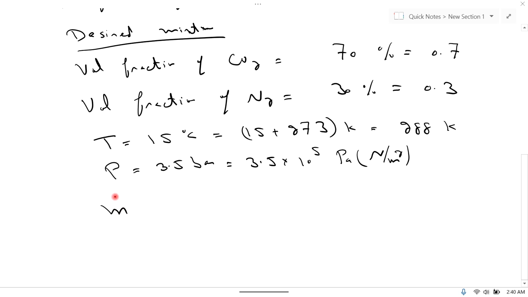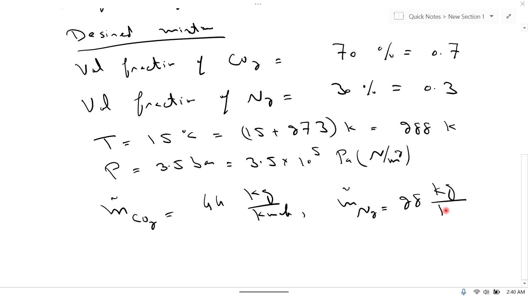Similarly, molar mass of CO2 is equal to 44 kilogram per kilomole. This is a constant value. And molar mass of nitrogen is equal to 28 kilogram per kilomole.